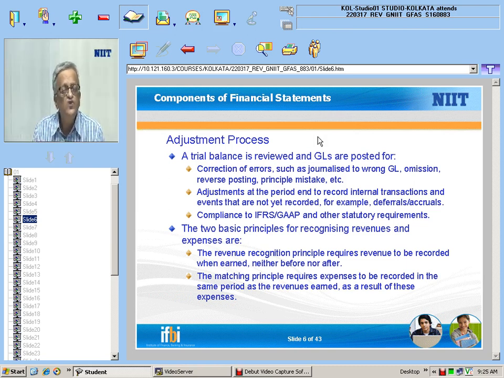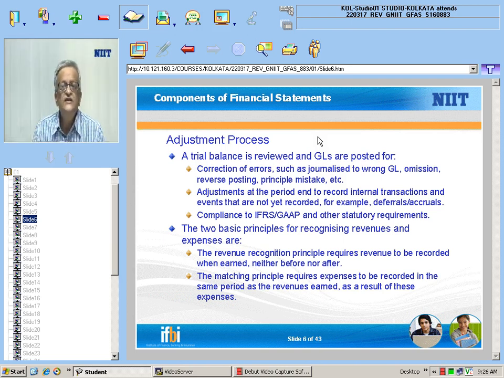All these have to be corrected before the adjusted trial balance comes out. So all types of correction have to be made.